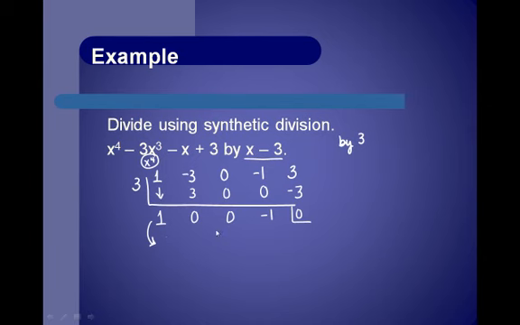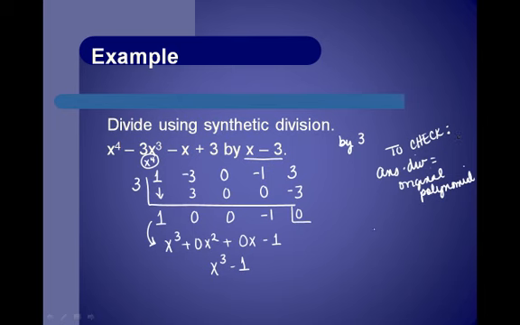Well, we take our coefficients and we drop a power, so that would be 1x to the third plus 0x to the second plus 0x minus 1, and there's no remainder. So really we could just call this problem x to the third minus 1. Now to check it, you could take your answer times your divisor, and you had better get what you started with.